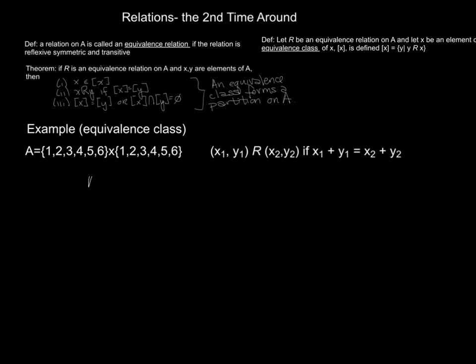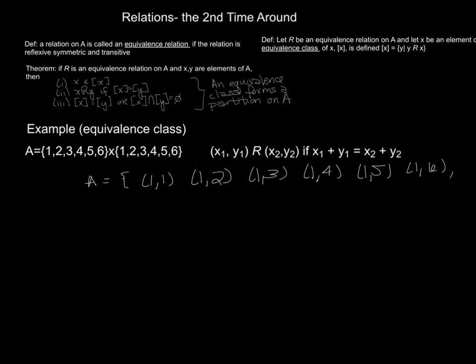If I write out what A is, essentially I have to take every element of the first set, and here I've started with the element 1, and pair it up with each of the elements in my second set.